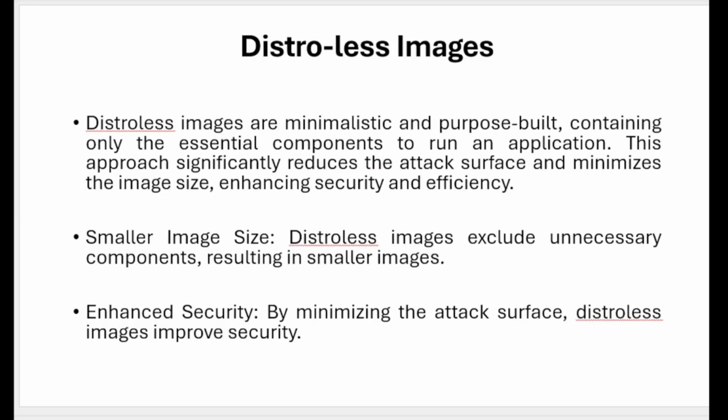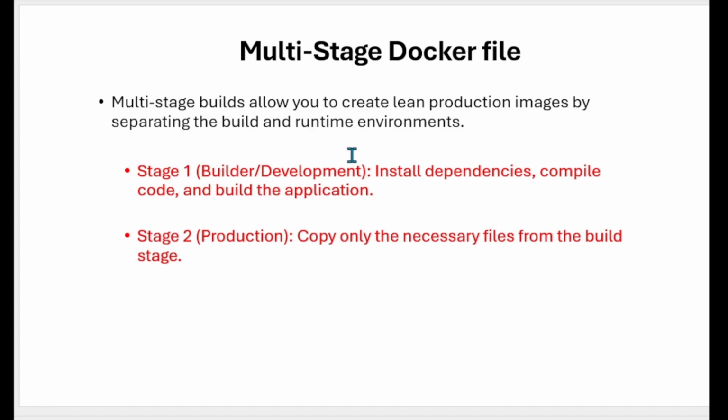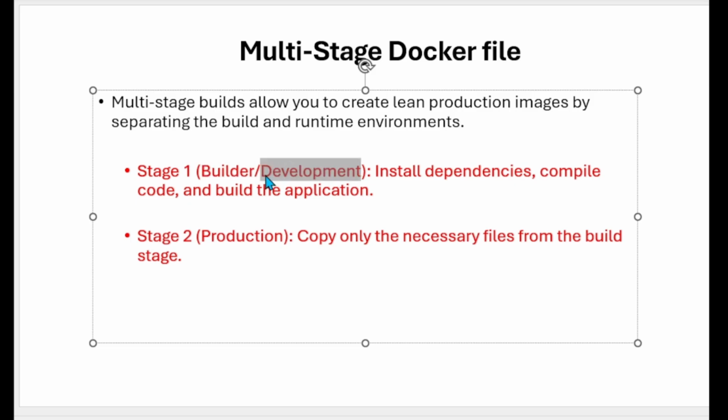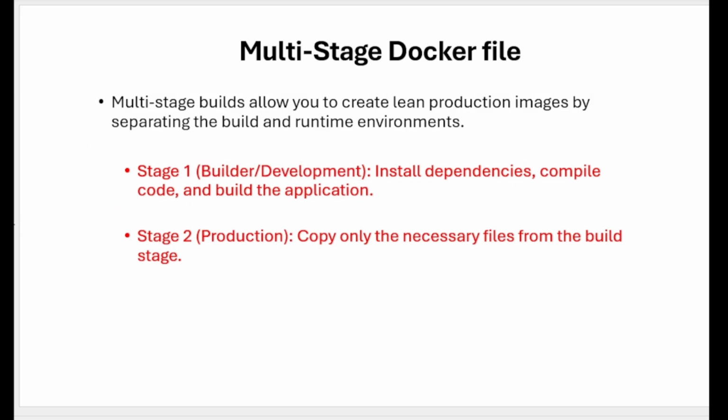But in the multi-stage Docker image, the build and runtime environments have to be separated, something like parallel processing. So we have two stages, builder or development stage, both are the same. Next one is the production stage.